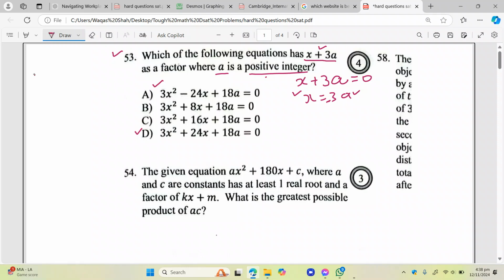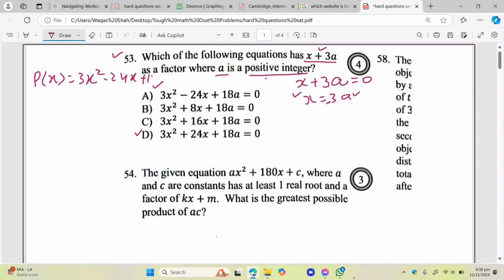So in a, we can write p of x is equal to 3x square minus 24x plus 18a. Now we can replace x with minus 3a, so it will be p of minus 3a. It will be 3 times minus 3a square minus 24 times minus 3a plus 18a.